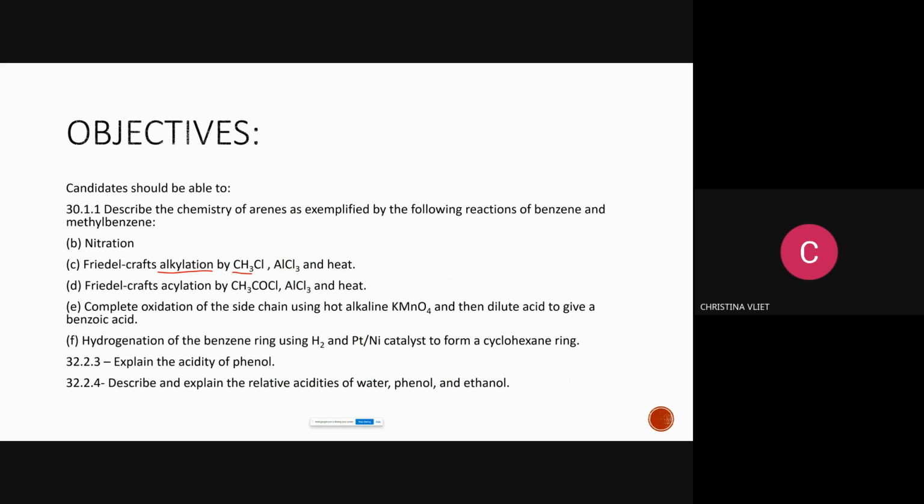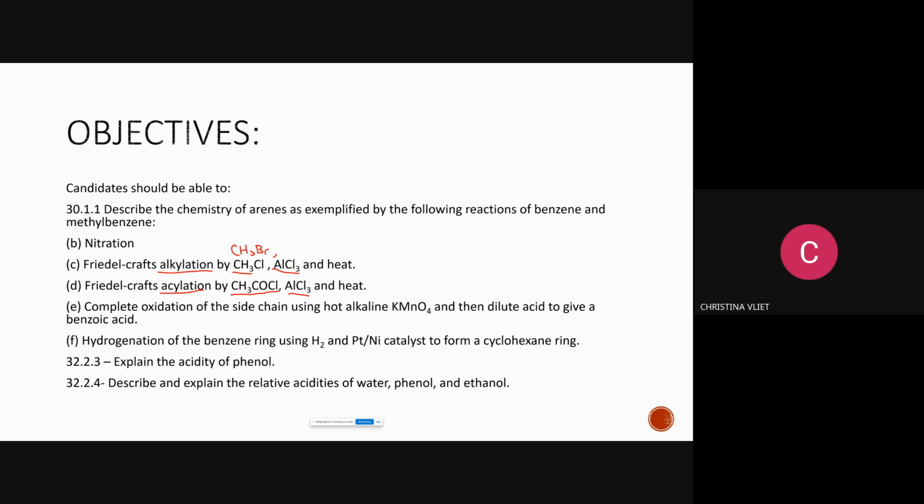We'll practice that again. And then acylation, which is adding CH3COCl, an acyl chloride. And this will add a carbonyl into the ring. The catalyst being the same catalyst that you use for all of the substitutions on a benzene ring, AlCl3, or it could be AlBr3 if I have bromine. So if this was CH3Br, what would my catalyst be?